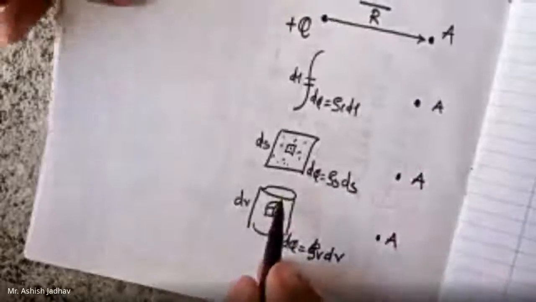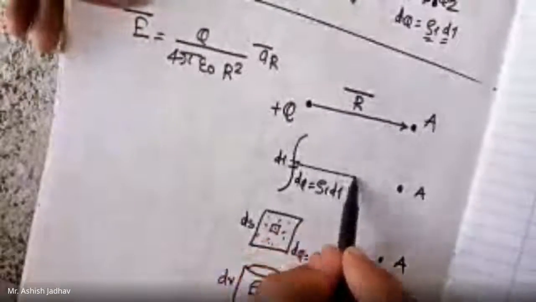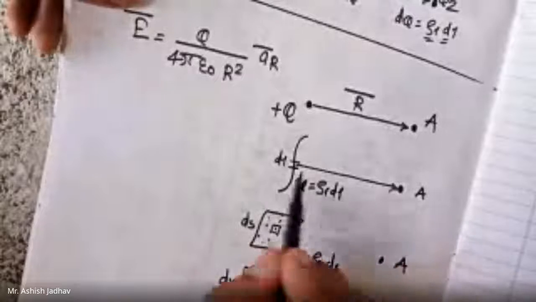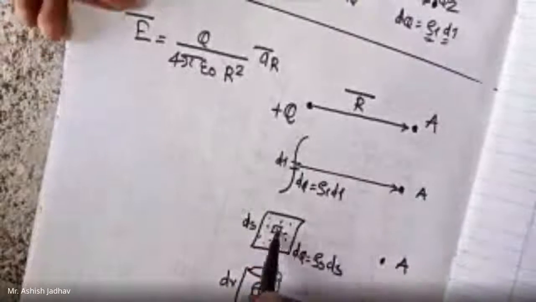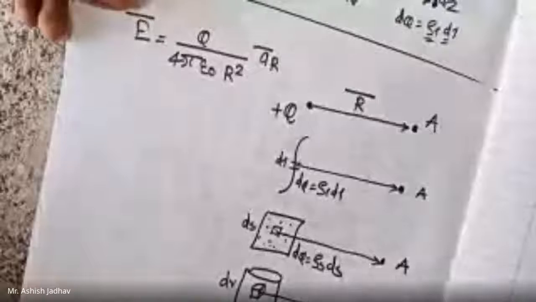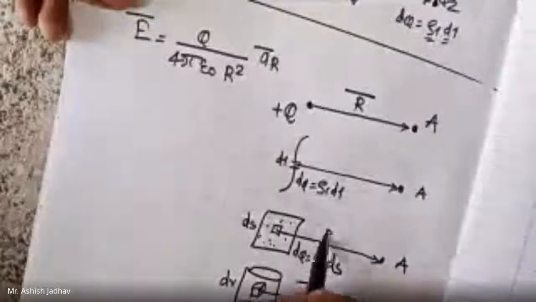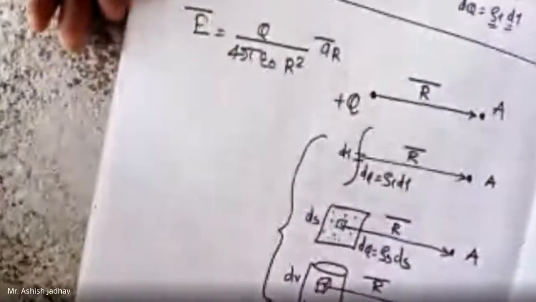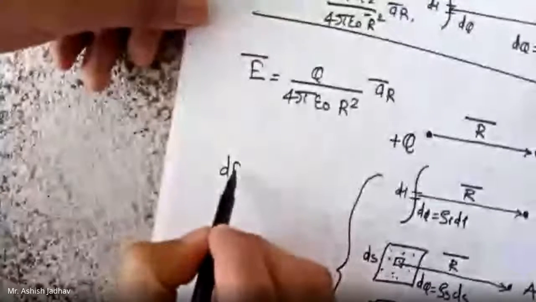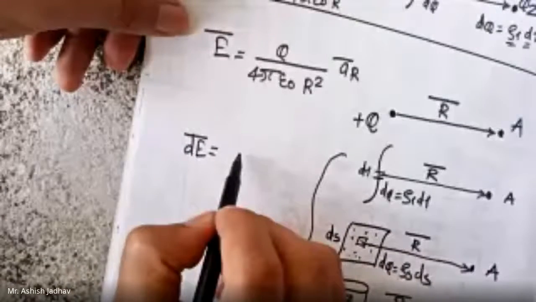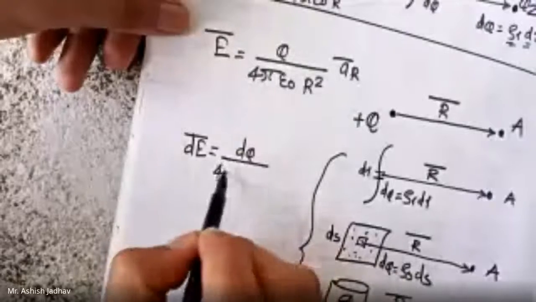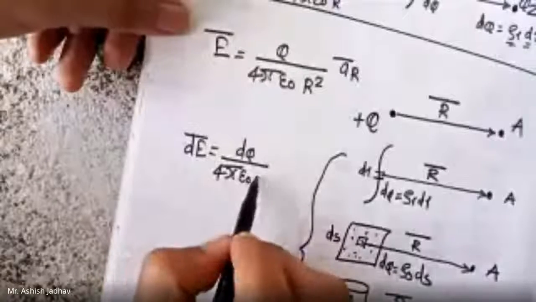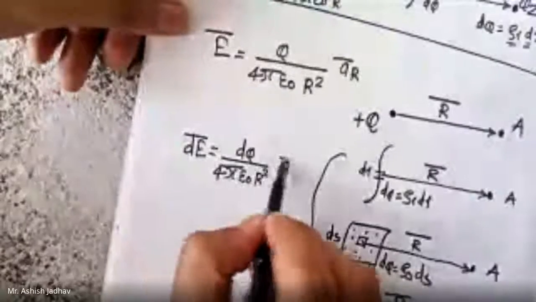So once we get this charge dQ, we can find the electric field intensity because of this differential charge. So for all those cases, you can first of all find the differential field dE bar is equal to dQ upon 4 pi epsilon naught R square a bar R.